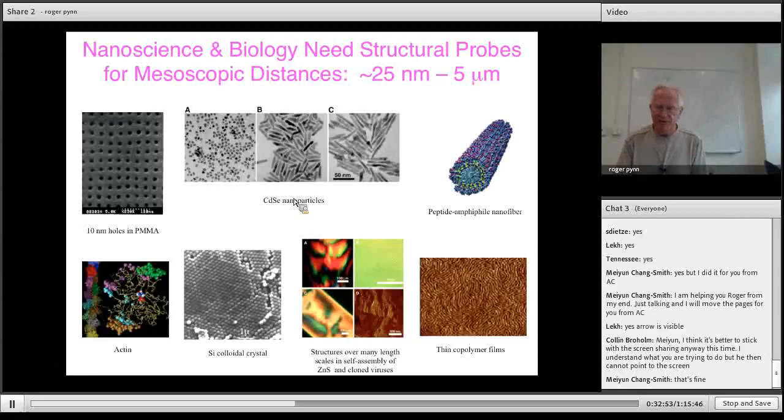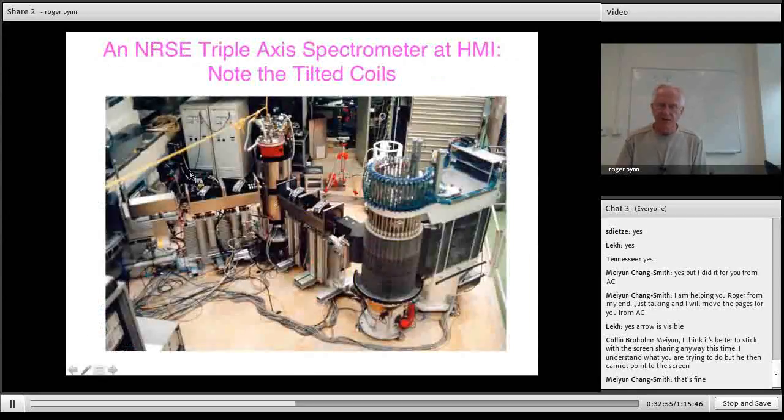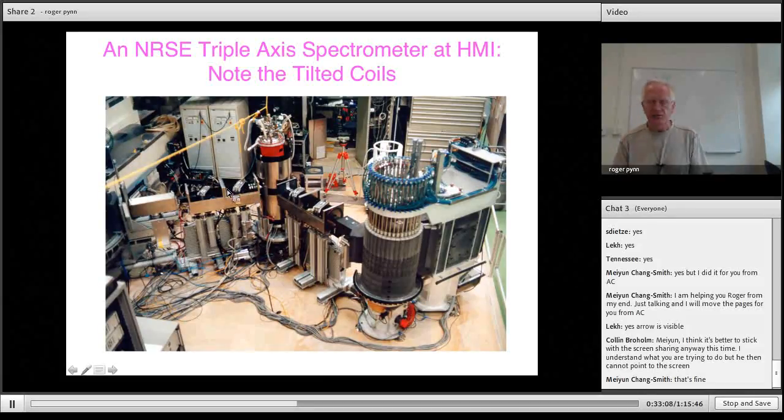In fact, as I said, it's inconvenient to use tilted fields, or fields with tilted boundaries. So you notice this is nothing like the solenoids that were used on the normal spin echo machine. This is a neutron resonance spin echo method, and it's just much easier to change the field boundaries to be non-perpendicular to the neutron wave vector using NRSE.